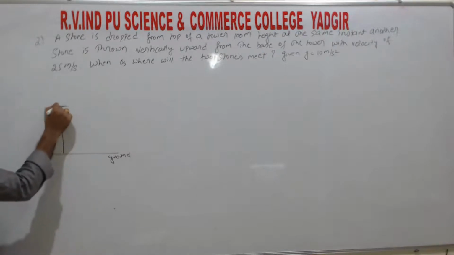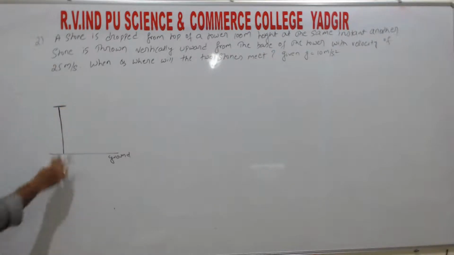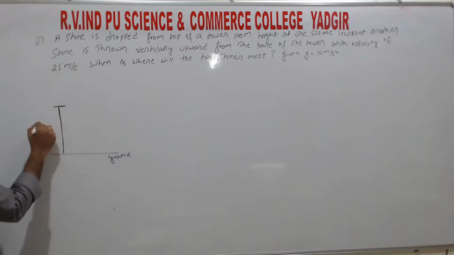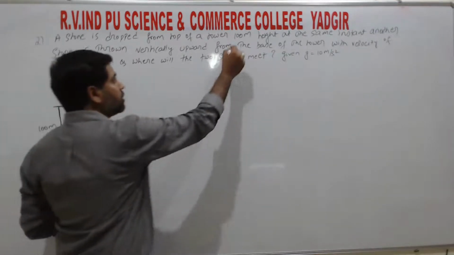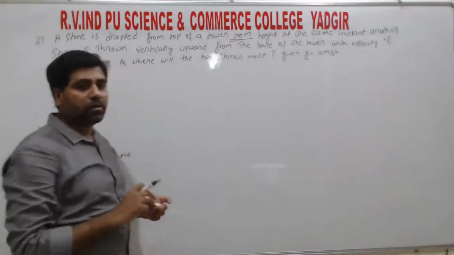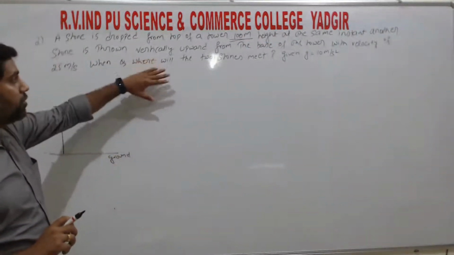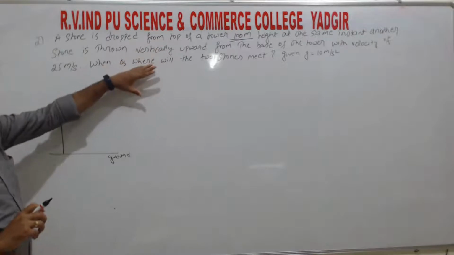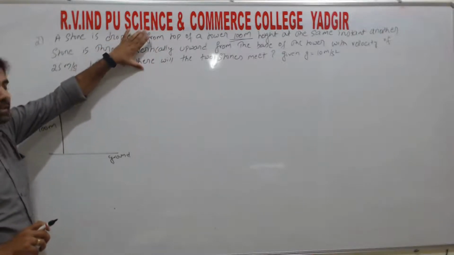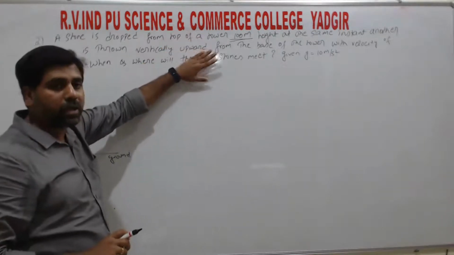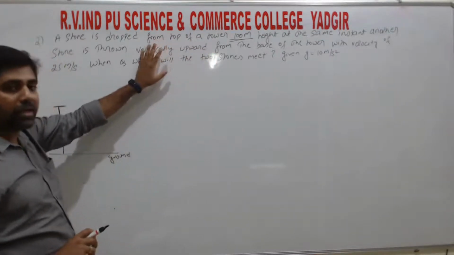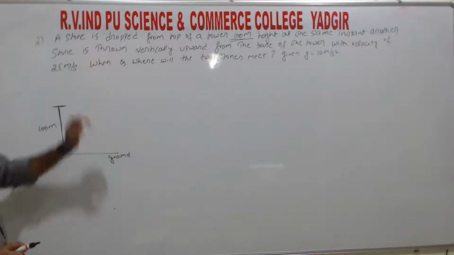So calling this one the tower, its height they have given as 100 meters, right? Every time while solving the problems, for better understanding, either we convert this into a diagram, or we can convert this into the form of an equation. Then only we can easily simplify the problems, right?